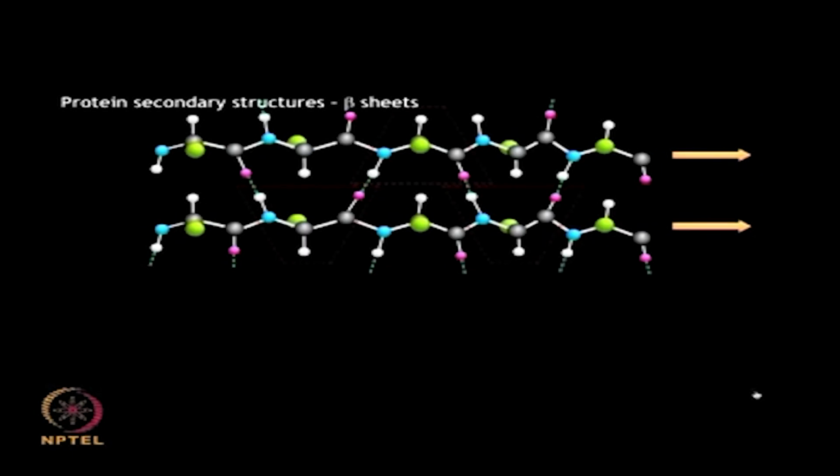It is an extended structure with hydrogen bonds between the chains stabilizing it. Amino acids in parallel beta sheets, which run in the same direction, interact with two different amino acids on the adjacent strand through hydrogen bonds.